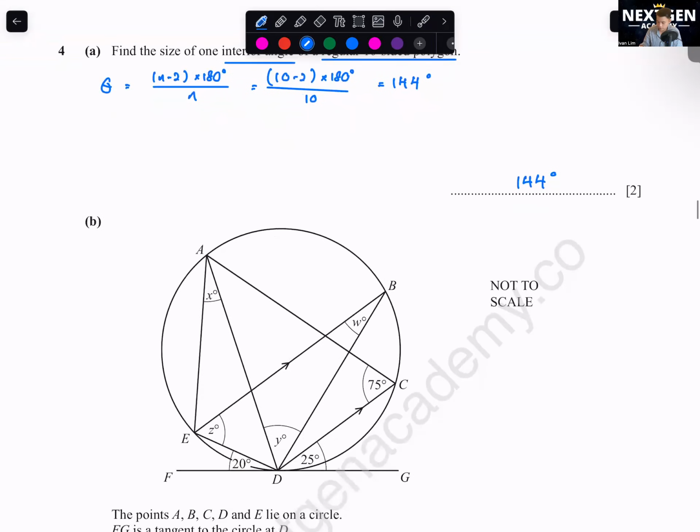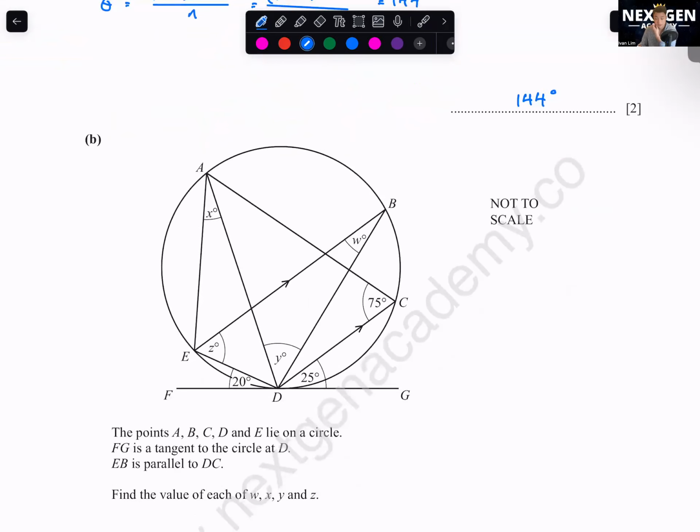Okay, question B, I think this is where most students had problems. This is everyone's favorite chapter, circle theorem. Is there any shortcut to solve circle theorem questions? Based on my experience, you all just need to do a lot of questions for circle theorem to train your mind to see the pattern.